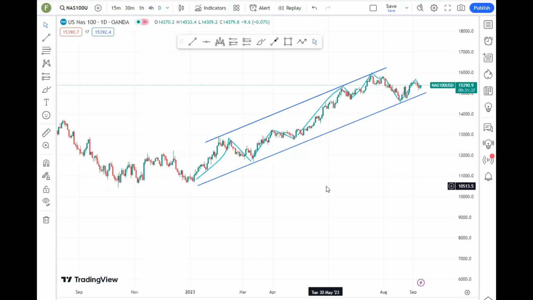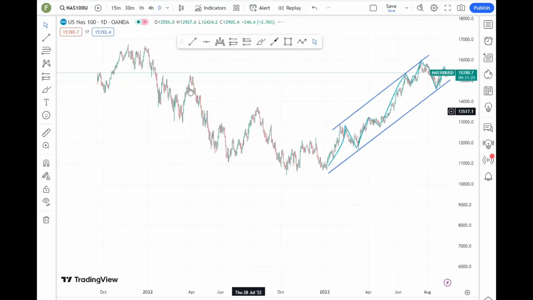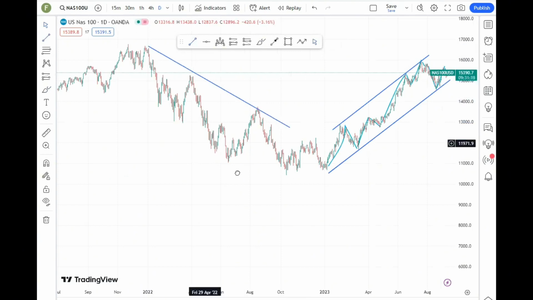And it clearly shows that NAS100 has been actually doing quite well in the past few days compared to previous market.